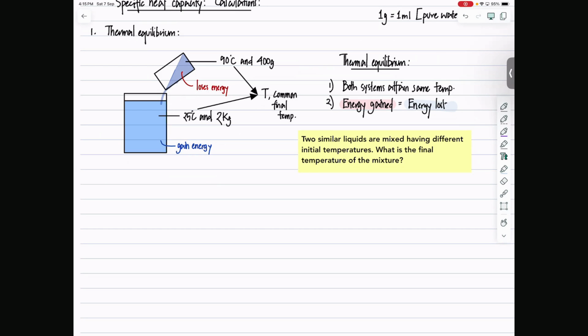Is that correct? So, how do you approach this? So what do you write here?